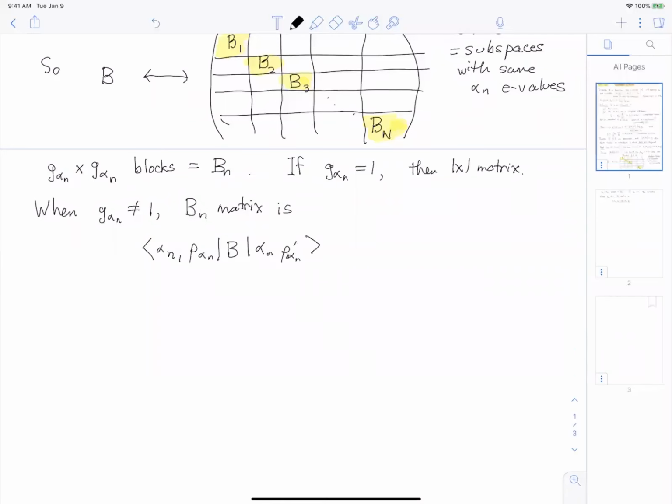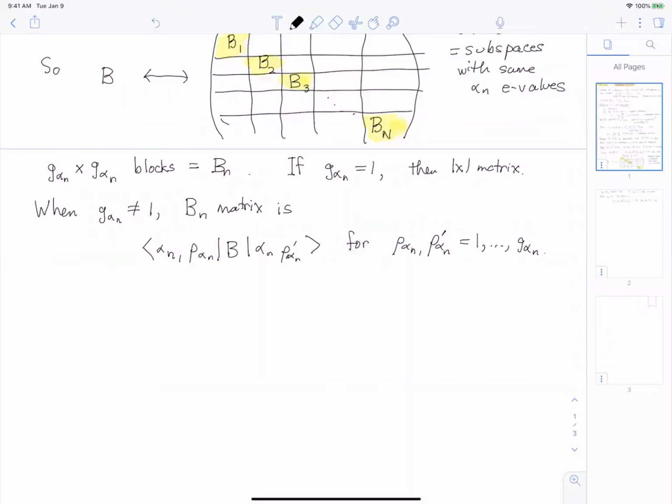This is a matrix element that has the same eigenvalue for α, but different degeneracy labels. That's why the ρ' has a prime on it, for ρ_αn and ρ_αn' running from 1 up to g_αn.